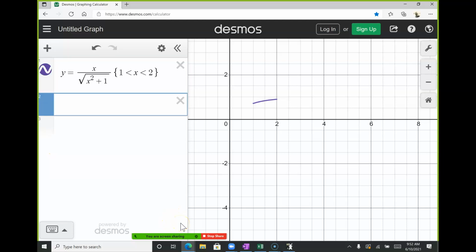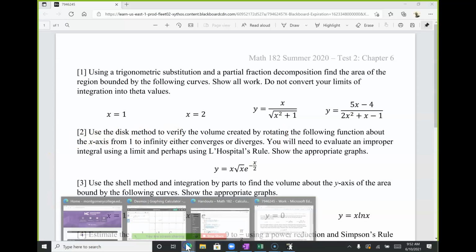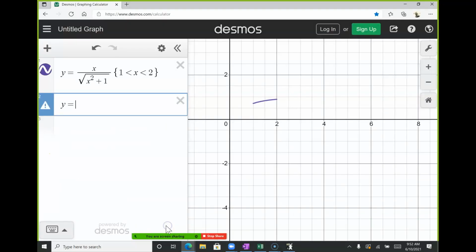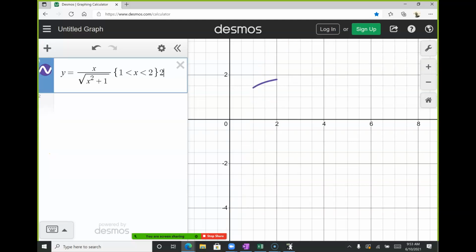And the other function is y equals 5x minus 4, all divided over 2x squared plus x minus 1.